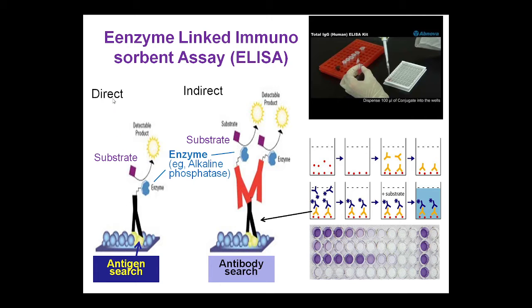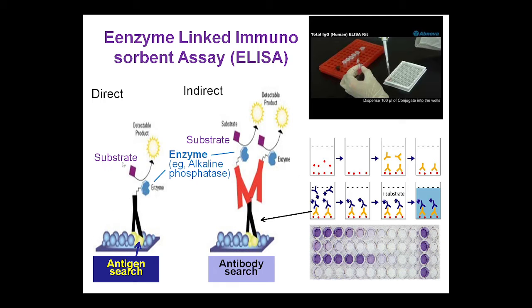In the left scheme, the direct enzyme-linked immunosorbent assay, you see that the black diagnostic antibody labeled by enzyme, for example, alkaline phosphatase, may bind to the surface of the plate only if it specifically recognizes the antigen of interest among the molecules that were dropped to this well of the plate.